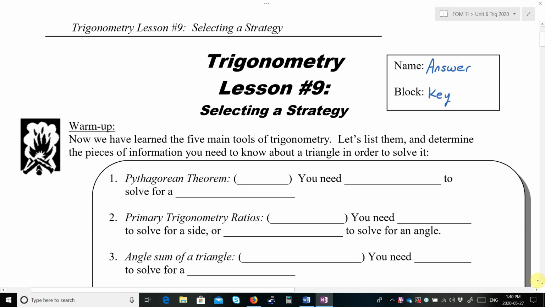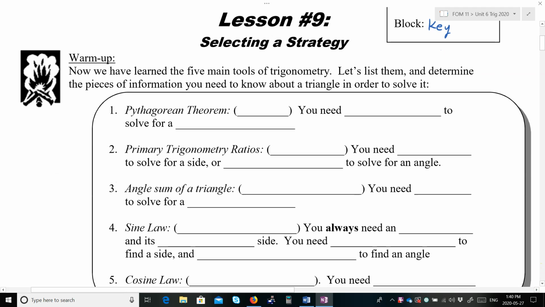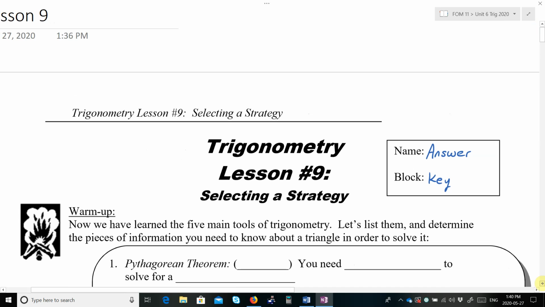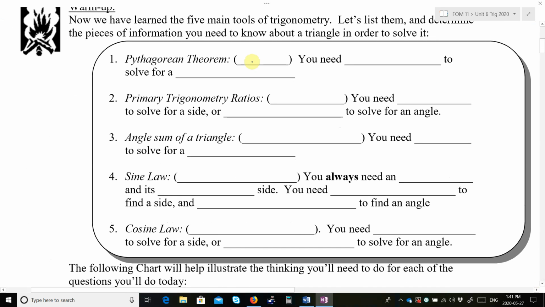Warm up. We have learned the 5 main tools of trigonometry. Let's list them and determine the pieces of information you need to know about a triangle in order to solve it. First of all, we started off with the Pythagorean theorem, which is c squared is equal to a squared plus b squared.